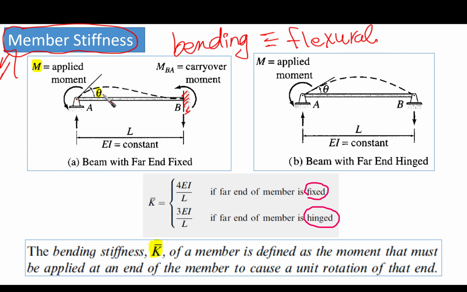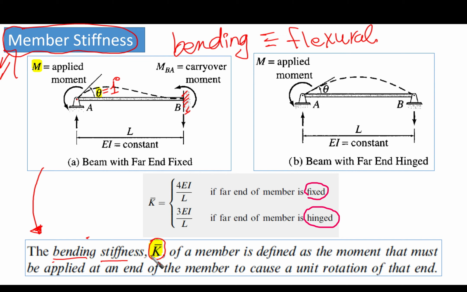If I ask what is the moment needed to rotate this joint by 1 unit radian, for example, or 1 degree, the moment required to rotate this point by a rotation angle equal to unity is called the member bending stiffness. We call it K bar, as you can see here.